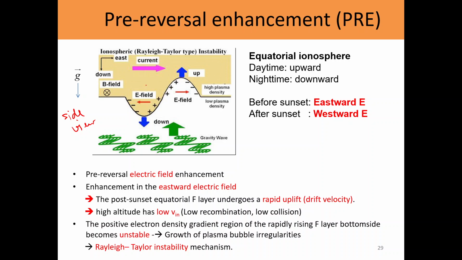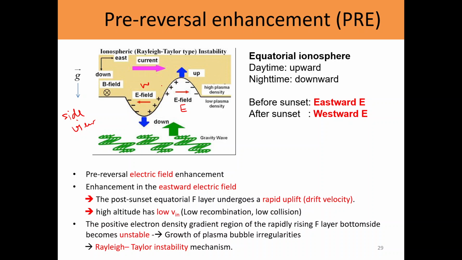Some is still eastward, some still westward, some start to move westward. So it's like the place where water comes from different directions. You know what I mean, right? It merges together, and then around that area you have some turbulence. Sometimes you have eastward direction, you have westward direction, and many of these.